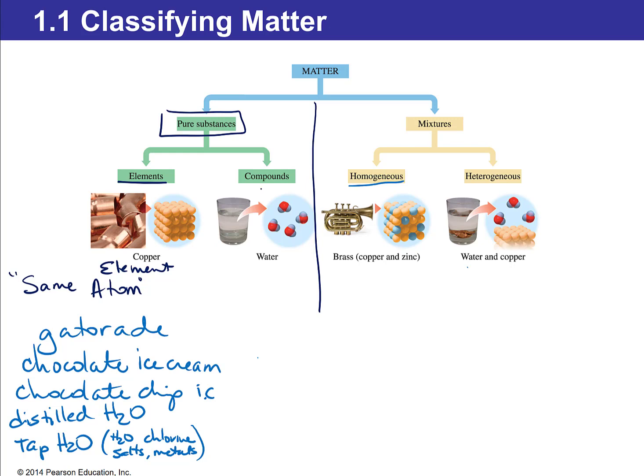Compounds, on the other hand, may look uniform. When you look at a compound, you may not be able to see any kind of differences. However, the smallest particles are made of 2 or more elements in a fixed ratio. So in a compound, it's 2 or more elements in a fixed ratio.